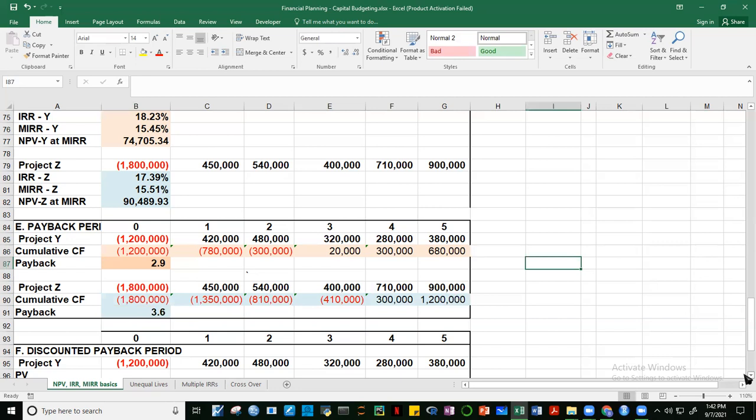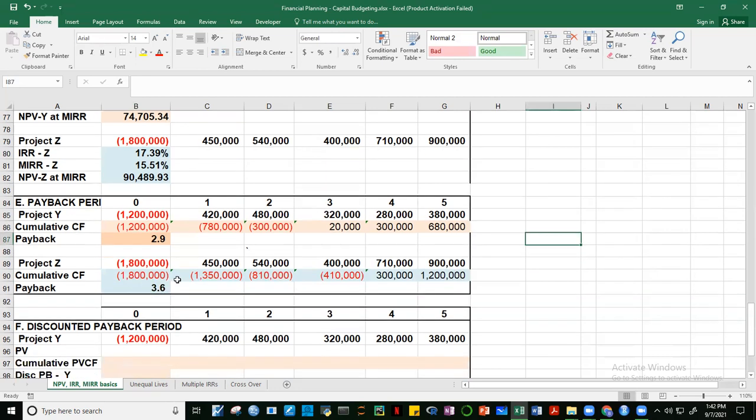So for project Z, it will take us longer to recover the initial investment. Siyempre kasi mas mataas yung initial investment niya, 3.6 years. So we're saying here that it will take us longer to recover the initial investment kay project Z kaysa kay project Y. And that's pretty understandable kasi si project Z, ang rini-recover niya 1.8, ito 1.2 million lang.